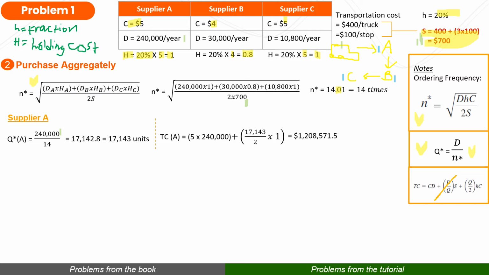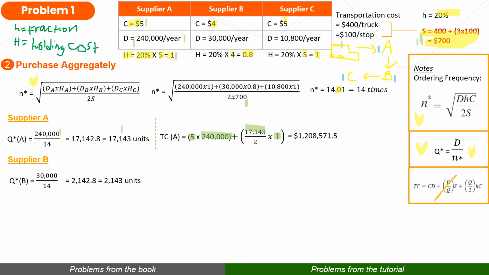So for supplier A, the total cost is the cost 5 times the annual demand, that is 240,000, plus the Q star that we have computed before, 17,143 units, divided by 2, times the holding cost, that is 1, and we get the total cost is 1,208,571.5.